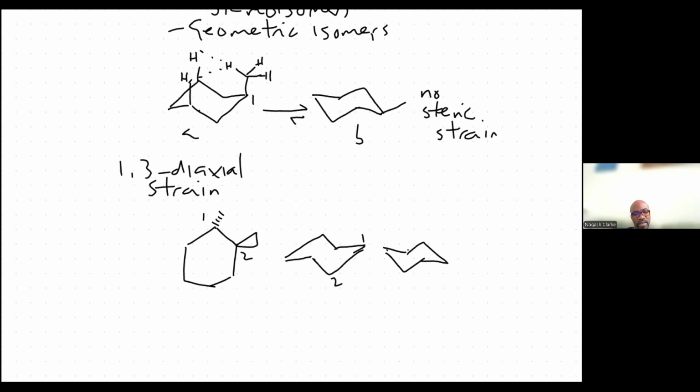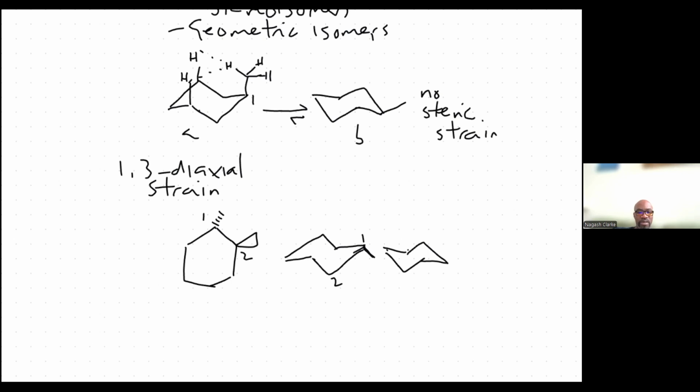Carbon one is supposed to be angled down, so it can't be axial, because the carbon is kind of pointing upwards, and the axial is not going down, it's going up at that carbon. So I'm going to put my methyl group equatorial and have it angled down in keeping with the dash. And then on carbon two, the methyl substituent is a wedge, so that means it's going upwards.